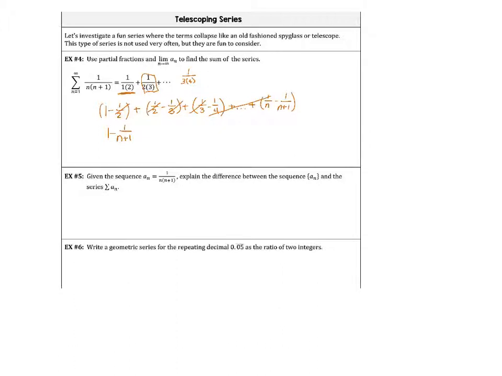So we're going to find the limit as n approaches infinity of a sub n. So for that, it's going to be 1 minus 1 over n plus 1. So notice that this is going to shoot off to 0. So we're going to end up with 1. All right. So now let's look at the next part.